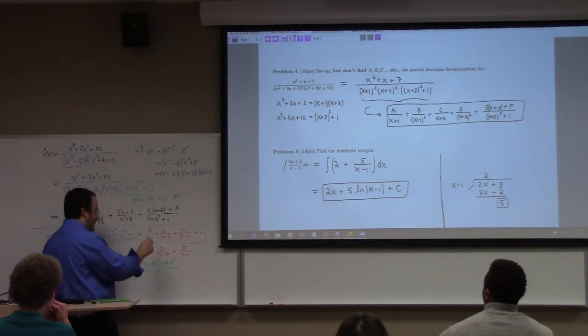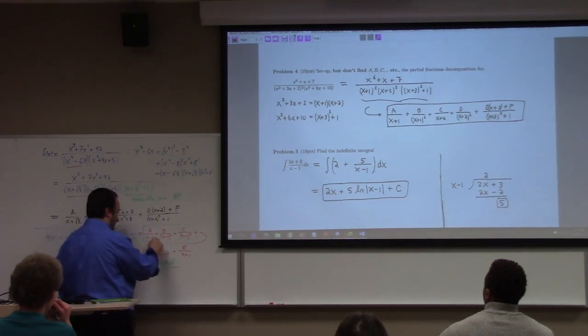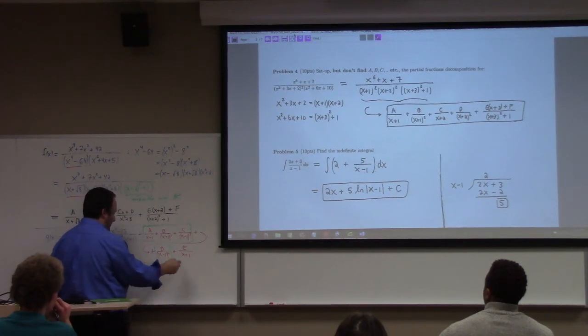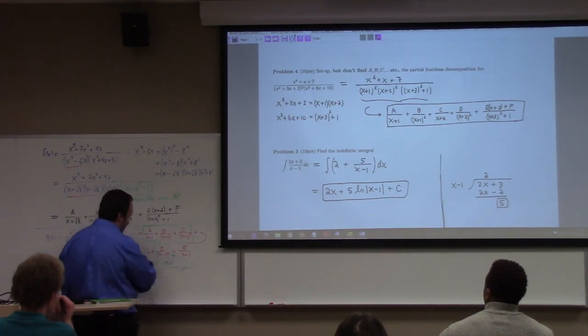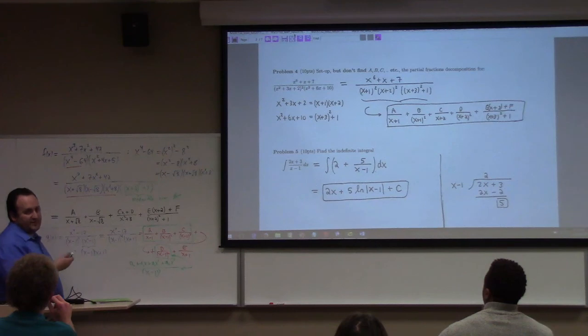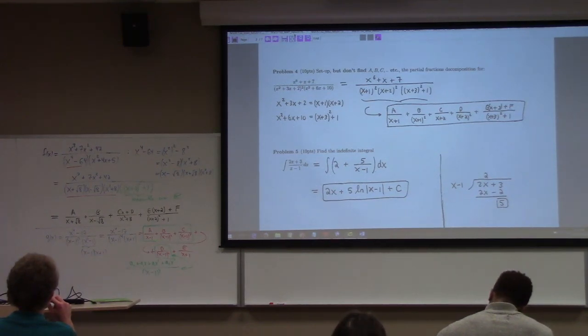That would cover everything that these four terms cover. It would be interchangeable with this. It's just we don't write that because, first of all, it's not the partial fractions decomposition. Second of all, if I wrote that down, I wouldn't know what to do with it.